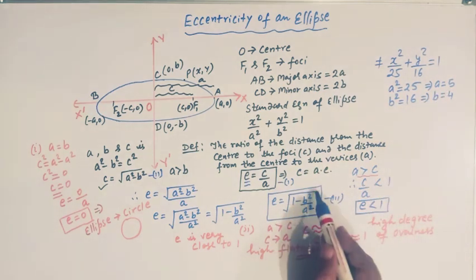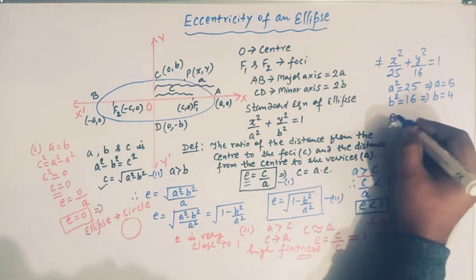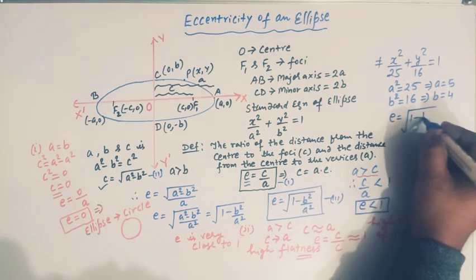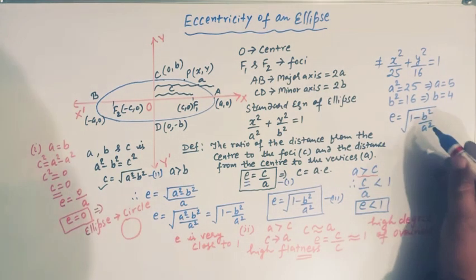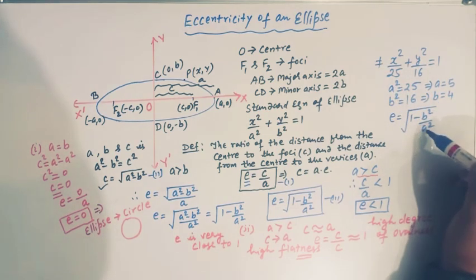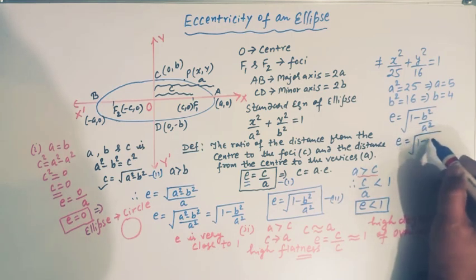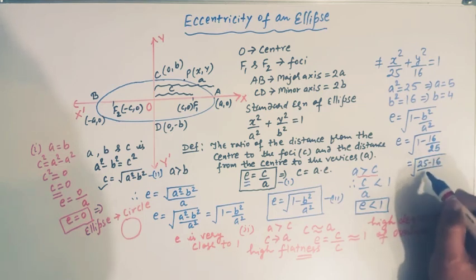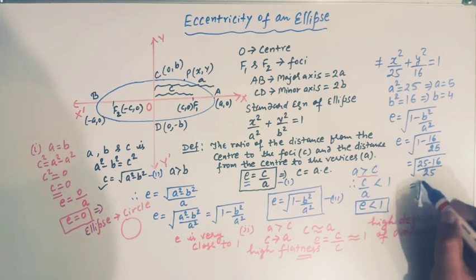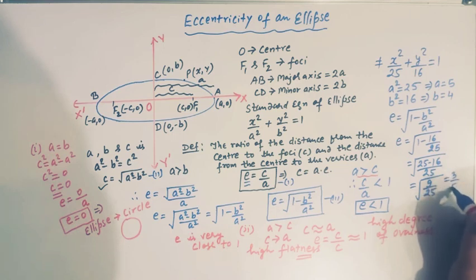Now we can apply this formula: eccentricity is given by the square root of 1 minus b squared over a squared. Substituting the values, we get e equals the square root of 1 minus 16 over 25, which is the square root of (25 minus 16) over 25, which is 9 over 25, and this can be written as 3 over 5.